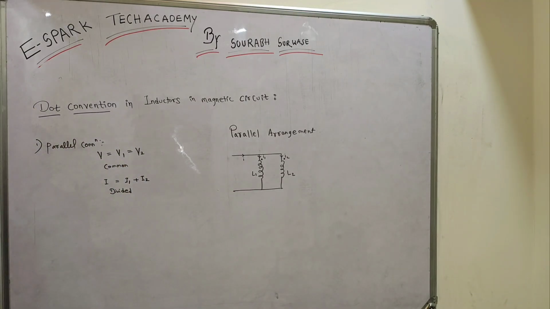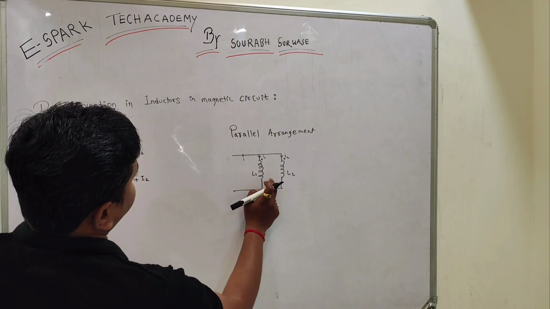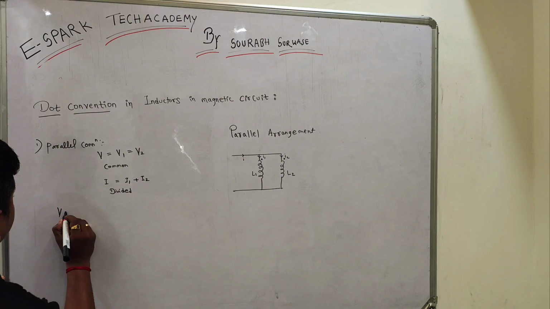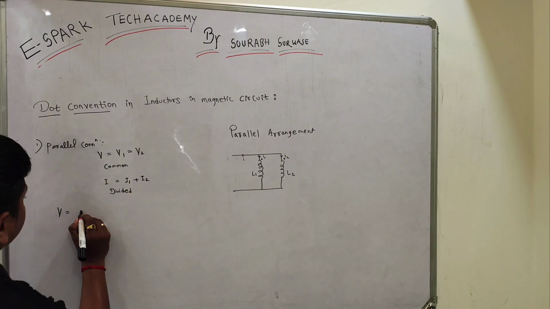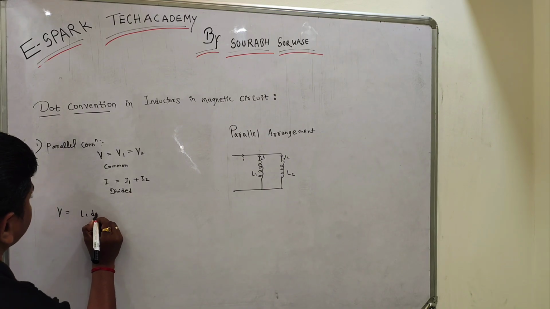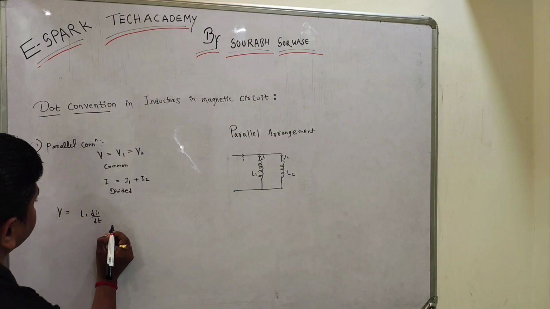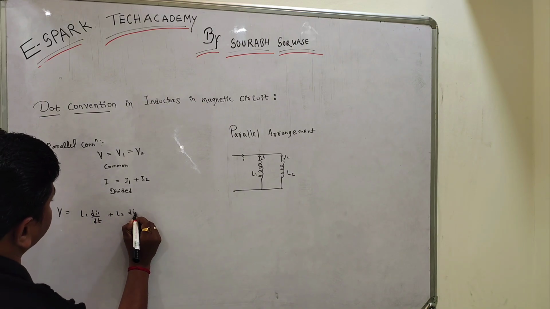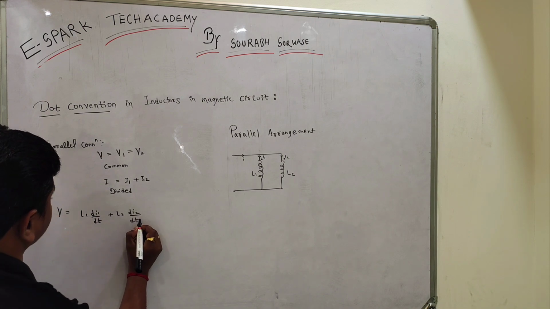Now I will first take these voltages. I will be writing the equation for these voltages. Voltage V equal to L1 di1 by dt plus L2 di by dt.